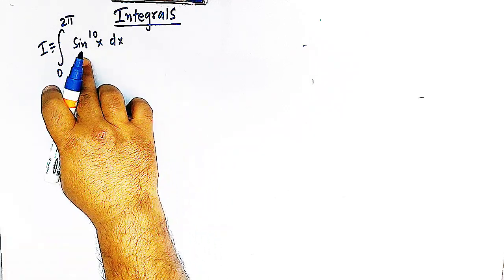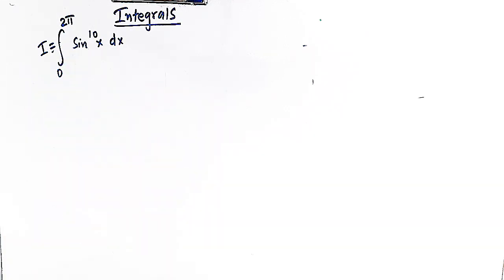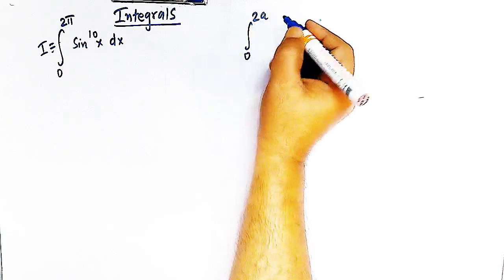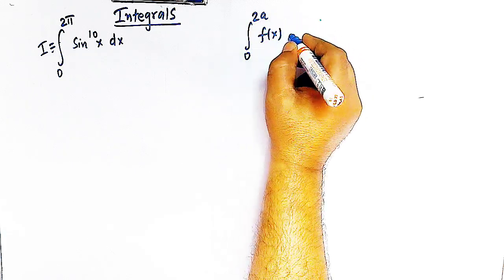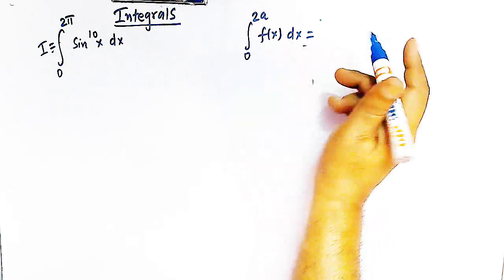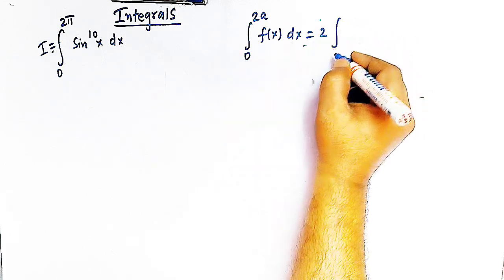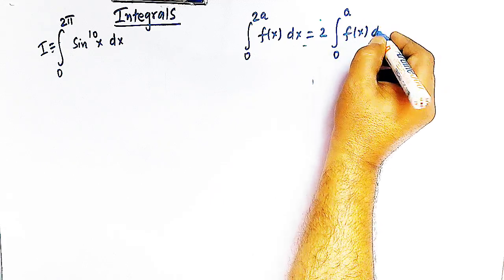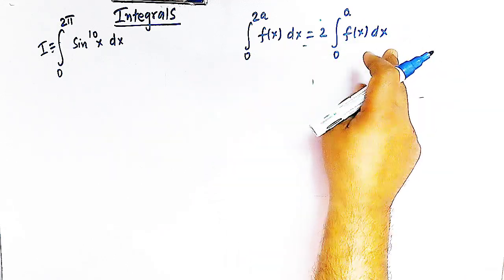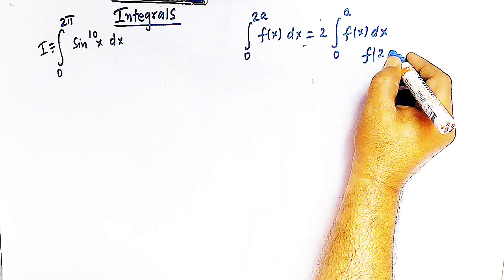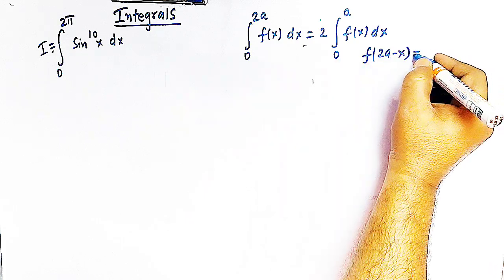Now here we'll apply the property that is integral 0 to 2a, and here we have f of x dx. So the value of this integral is given by 2 times the integral from 0 to a f of x dx, right? Provided here we have the condition that is f of 2a minus x should be equal to f of x.